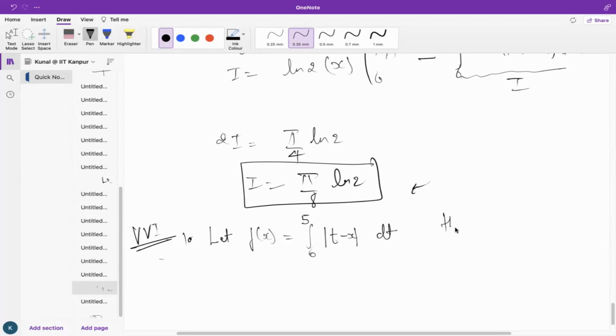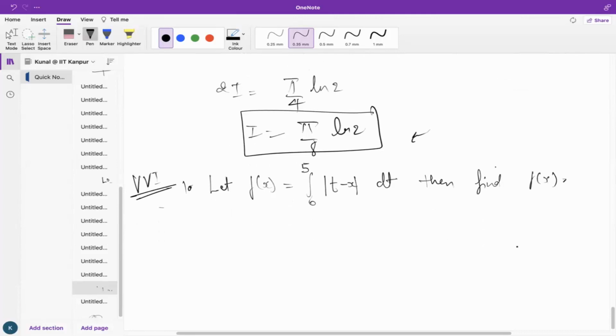Then you have to find f(x). Let me erase it and write it in a clear way. Then you have to find f(x). You have to find f(x).